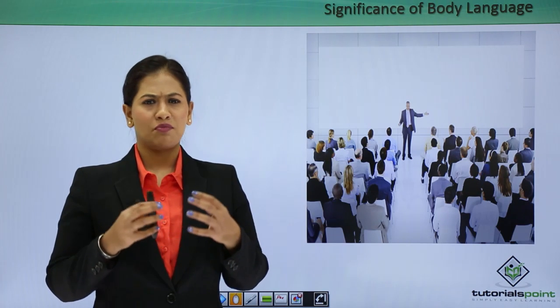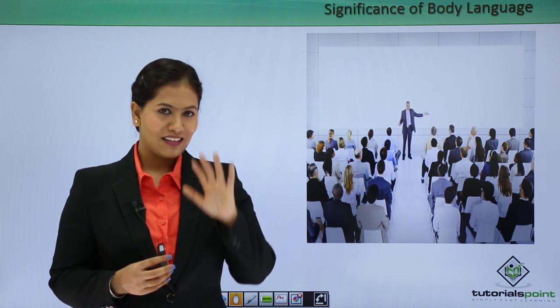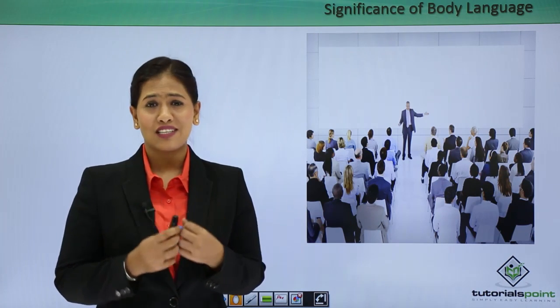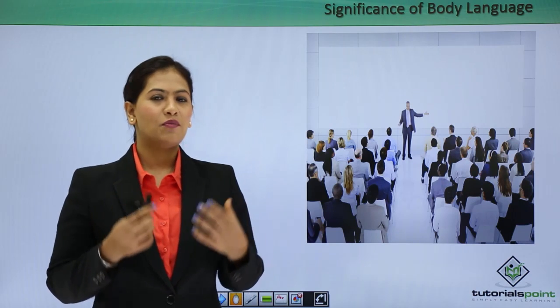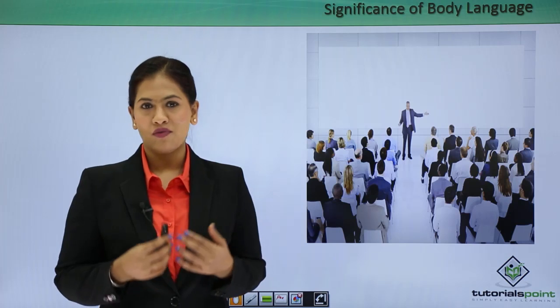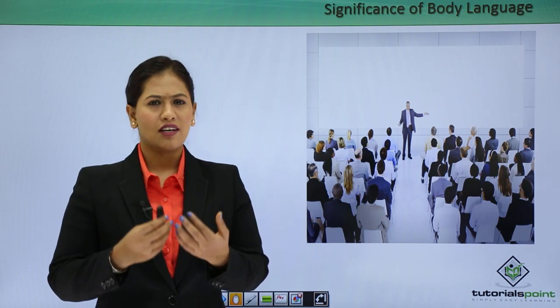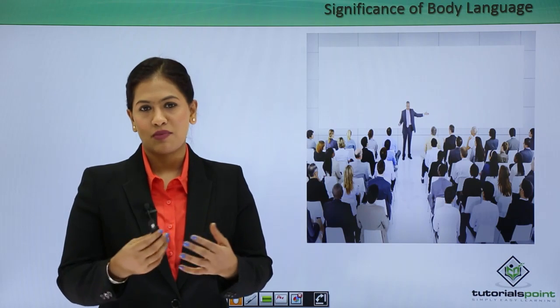Not just by words, but through gestures and postures, you can understand the entire intent, whether the person is actually interested to communicate, whether the person is really inclined to help you, and to take the information forward by suggesting or helping you and moving ahead in a certain relationship.